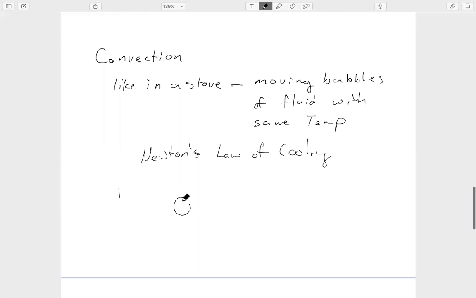So we would say Q dot, and your book puts a C there for convection, equals H, a constant, times the area times the difference in temperature, T hot minus T cold.